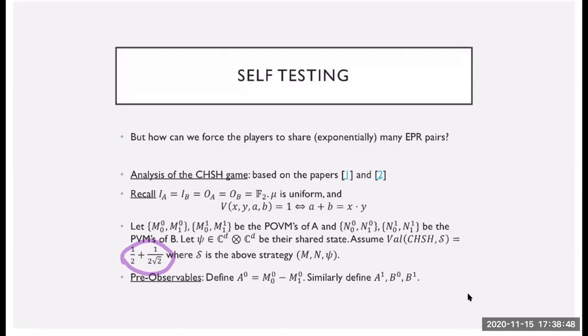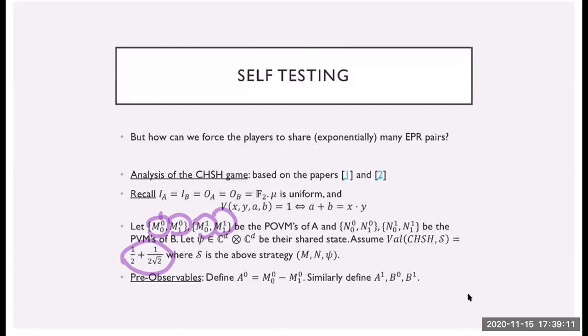have some strategy. So they have these measurements, these POVMs, so M00, M01, M10, and M11 are positive operators. So these are just non-negative semi-definite matrices that sum up to the identity.